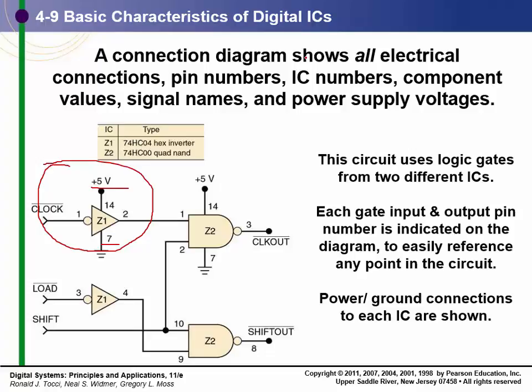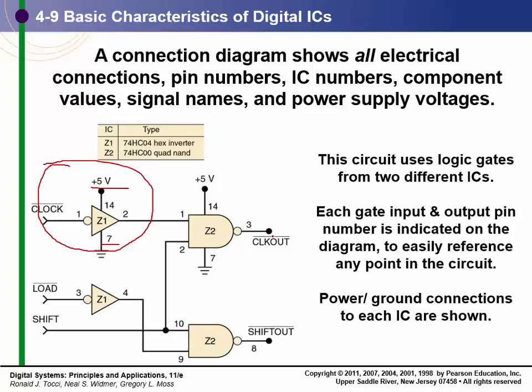So there is a process: we do our design on the digital side. In other words, we draw our circuit with all our gates, but somehow we have to get to the physical product. And this is part of that process of fabrication. In this particular case, we have inputs called clock, shift, and load.